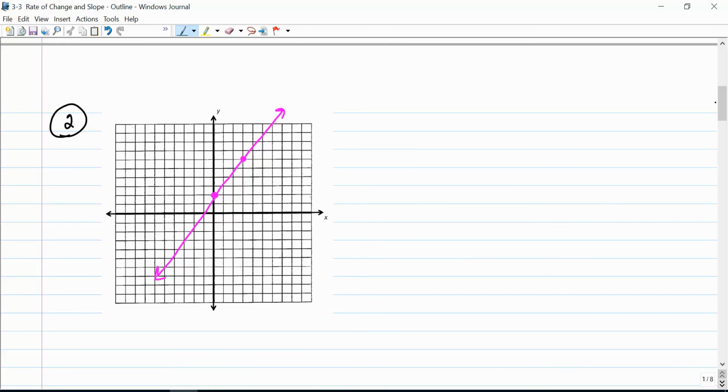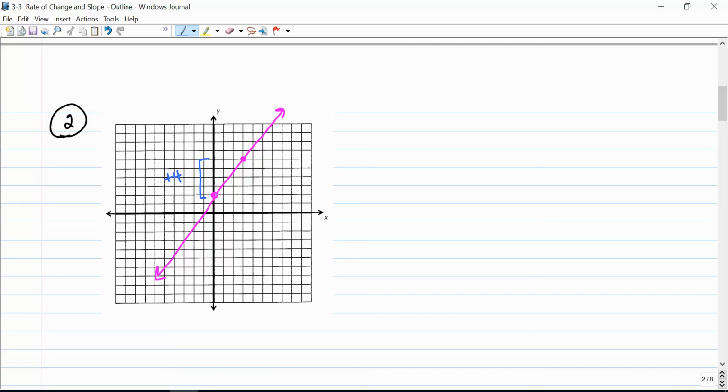Here's a graph, and we need to figure out what is the rate of change in this one. So let's see what happens as we go from this point here to that point there. My change in y, as I move from this point on the y-axis to this point out here in the first quadrant, that's a change of 1, 2, 3, 4. That's a positive change of 4.